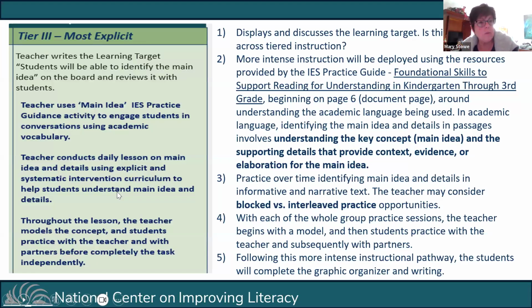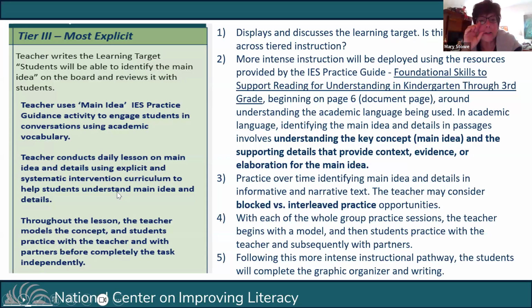And then over time, we're going to practice identifying main ideas. So you notice we're not thinking about combining all of the graphic organizer work with identifying the main idea and detail work. We're just practicing identifying main ideas and details, not only in informative text, but also in narrative text.